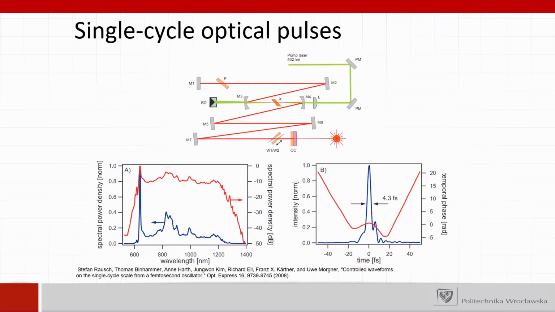And interestingly, as I said before, these lasers can be used for generating very short pulses. We will talk about pulsed lasers on the next lecture a little bit, but you can already see that if we just exploit the entire gain bandwidth of the titanium sapphire lasers, so from 600 up to even 1200 here, this spectrum can support really short pulse generation at the level of 4 femtoseconds in this case.